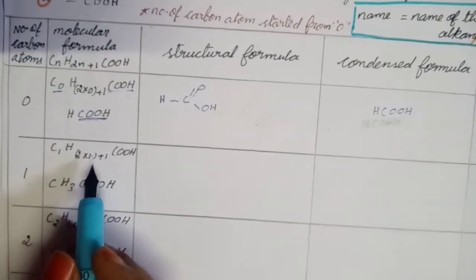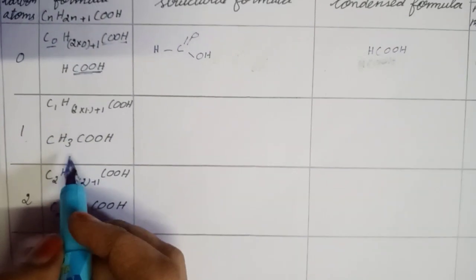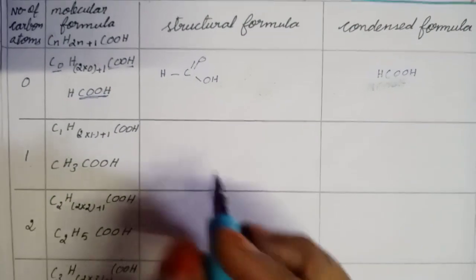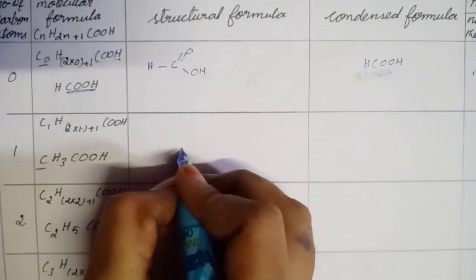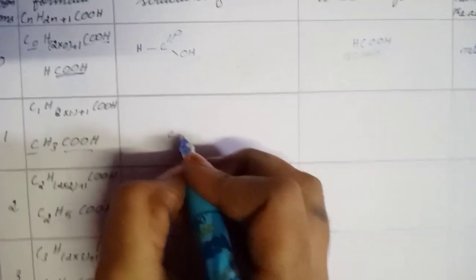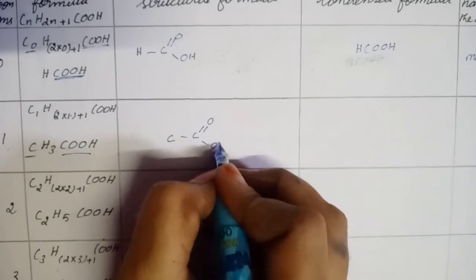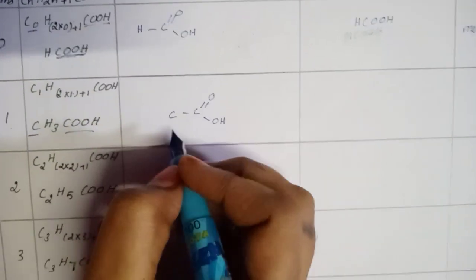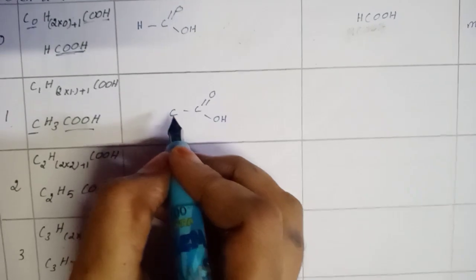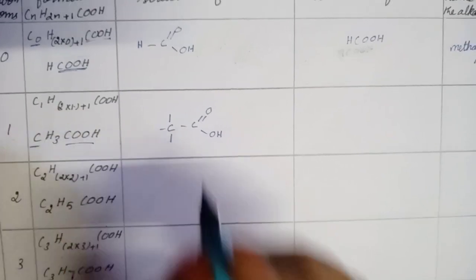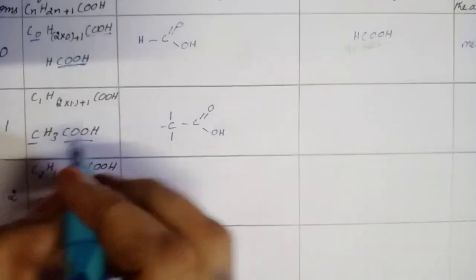I substitute n is equal to 1 in the general formula CnH2n+1 COOH. I get CH3COOH. So first, how do we write the structural formula? Number of carbon 1. Next, the functional group. What is the structure of the functional group? C double bond O, connected with a single bond OH. Now the framework: this functional group carbon is satisfied, and the remaining carbon needs 3 more bonds for attaining tetravalency.